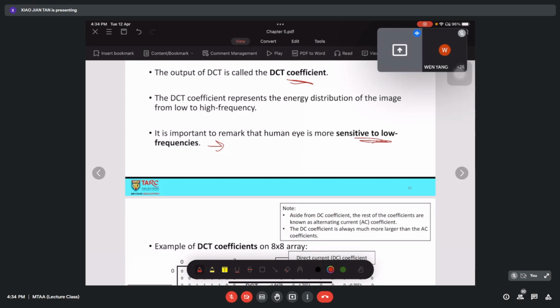High frequency information is a very high rate of change. For example, 100, 200, 300, and then 100, and then 0. This is so-called high transition.